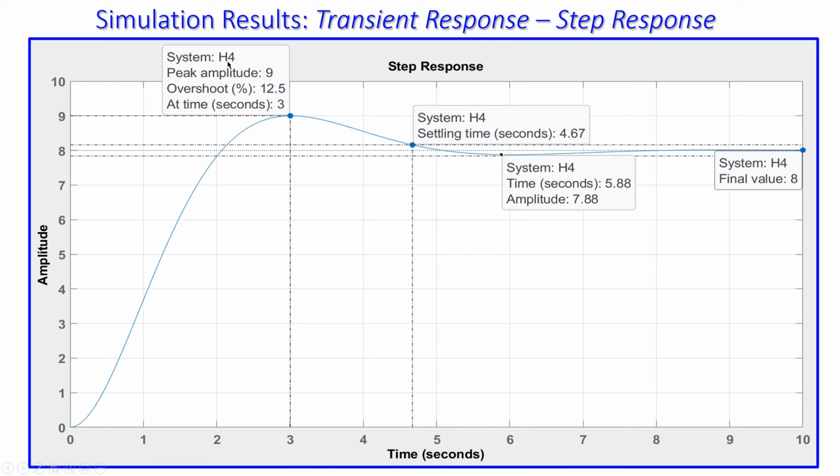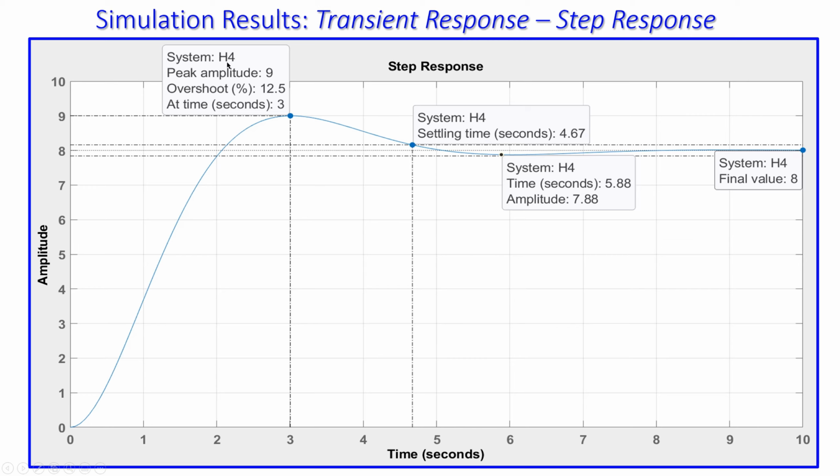So let's look at our next step: the transient response, and we start with the step response. This is what we have from our step response. That h, I have now changed to h4. Why? Because I had a response due to an input step which has an amplitude of 4, so I made this h4 to emphasize that.